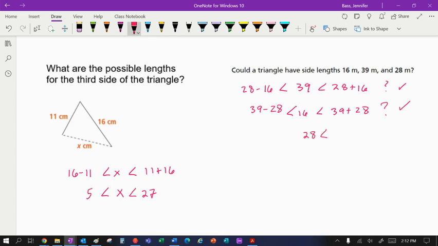Does it work? So I'm going to add 16 and 39 on the right. I'm going to subtract 16 and 39 on the left. So 39 minus 16, is that smaller than 28? Yes, it is. Is 16 plus 39 bigger than 28? Yes, it is. So the answer is yes. A triangle could have these side lengths.